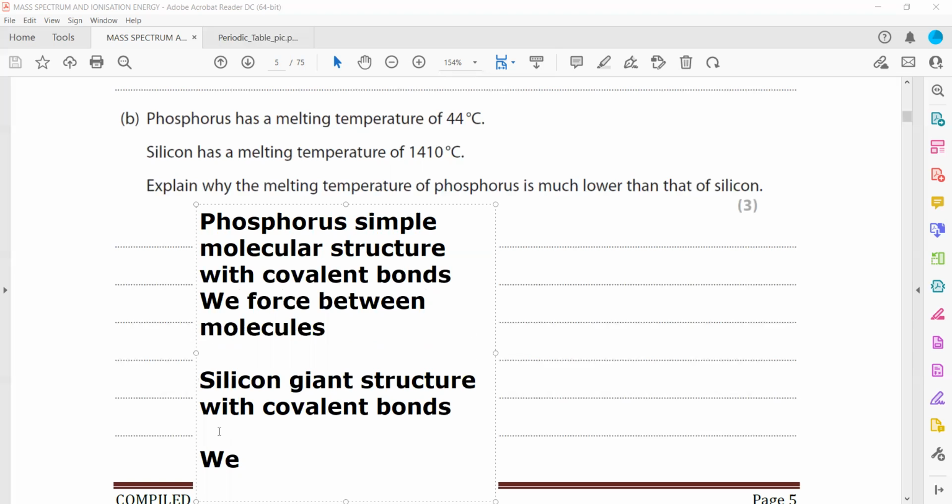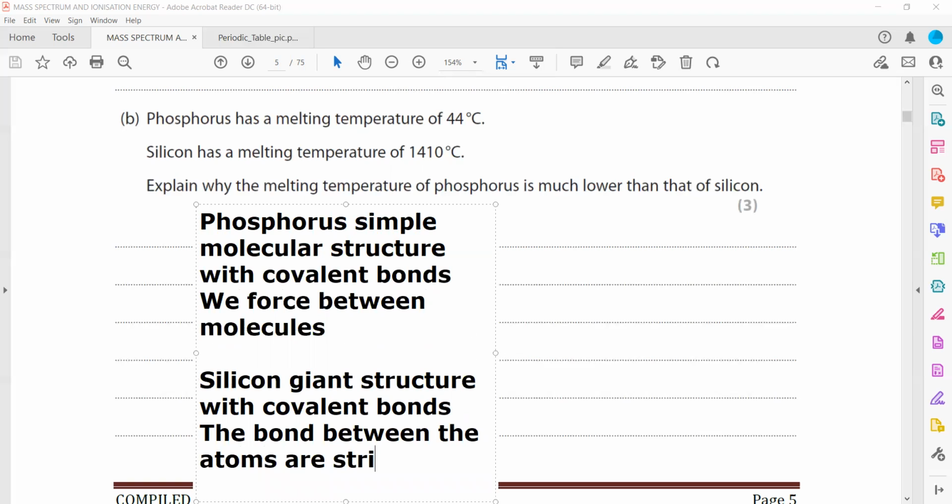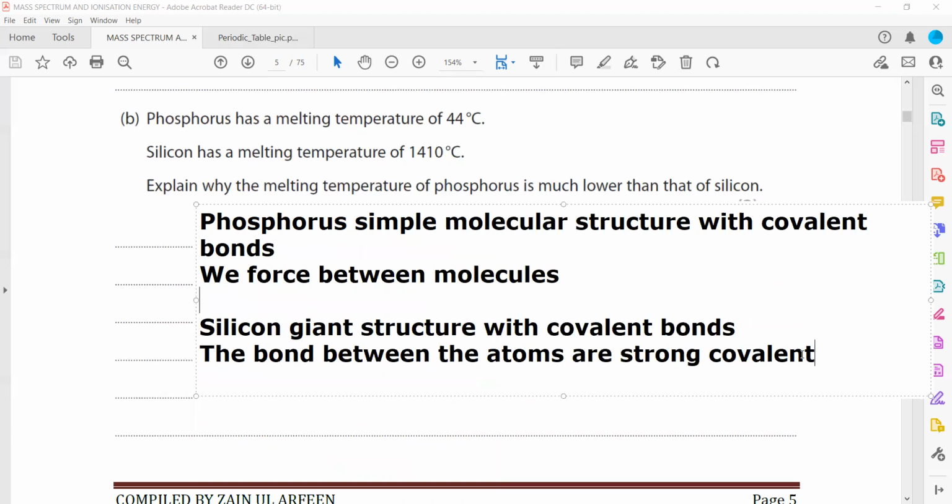In case of silicon, the bonds between the atoms are strong covalent bonds. Due to this strong covalent bond, we need more energy to break the bond. Here in phosphorus, we need less energy to break the bond.